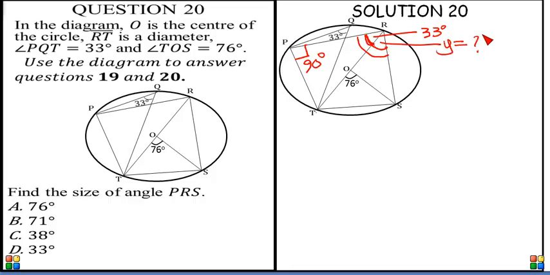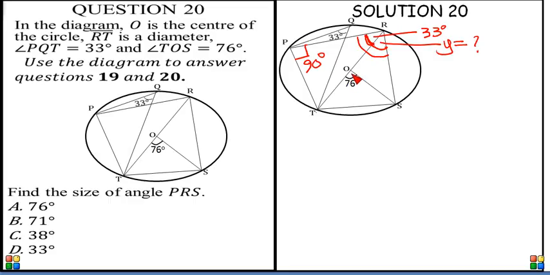There are two ways to find this angle Y. We can find angle Y by thinking about Y as being subtended by arc TS. Arc TS subtends Y at the circumference. The same arc TS subtends angle 76 degrees at the center.